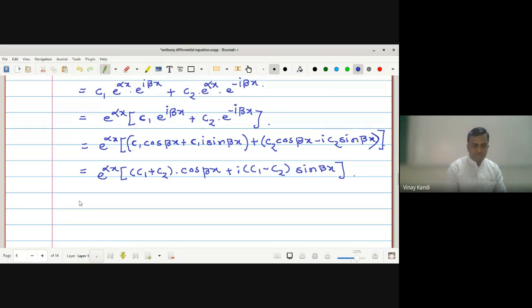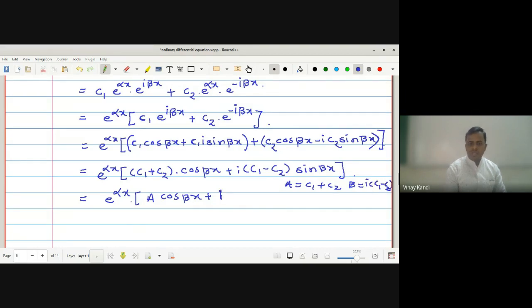Which is equal to, okay, now put C1 plus C2. These both are constants. Now putting this value C1 plus C2 assuming A, and this C1 minus C2 assuming as B. So what we get? e raised to alpha x into A cos beta x plus i, okay, sorry, where A is equal to C1 plus C2, and B is equal to i into C1 minus C2.